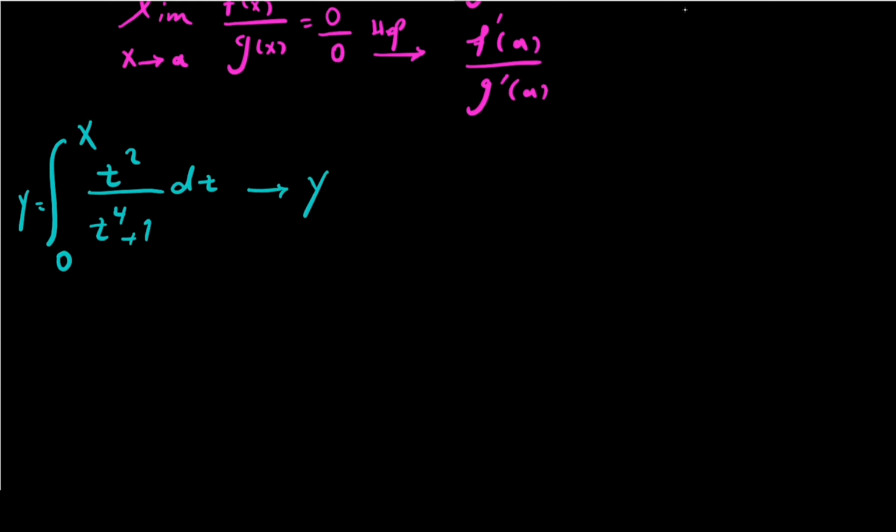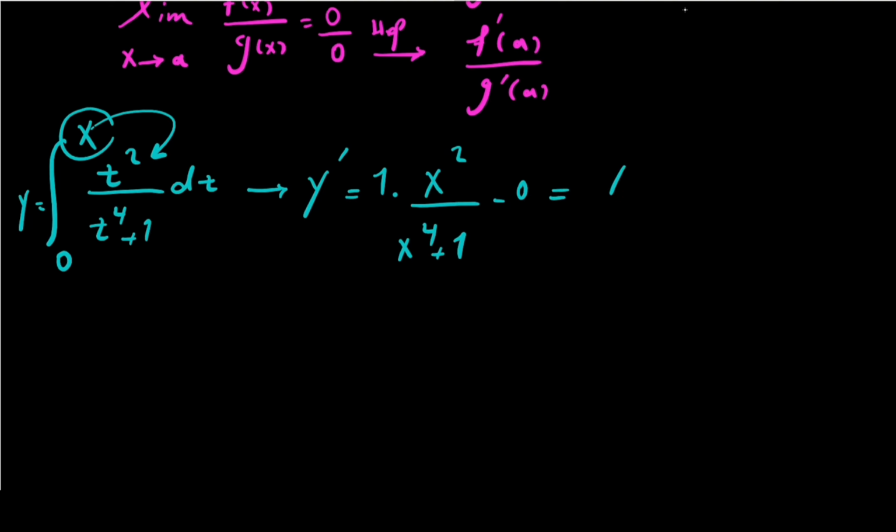So y prime will be equal to the derivative of x, that equals 1, times put x in these functions, so we can write x squared divided by x to the power of 4 plus 1 minus 0. Why? Because the derivative of 0 is 0, and 0 times anything equals 0. So the final answer will be x squared divided by x to the power of 4 plus 1.